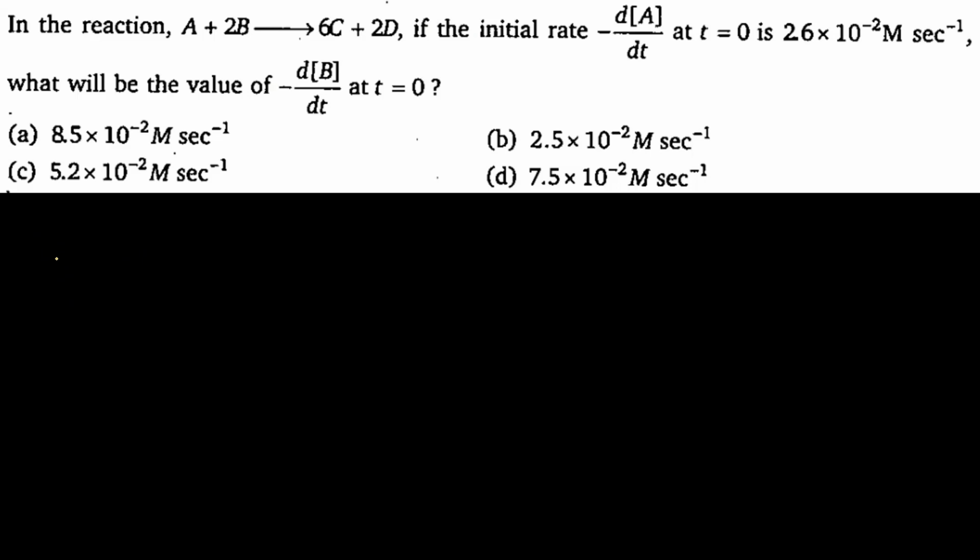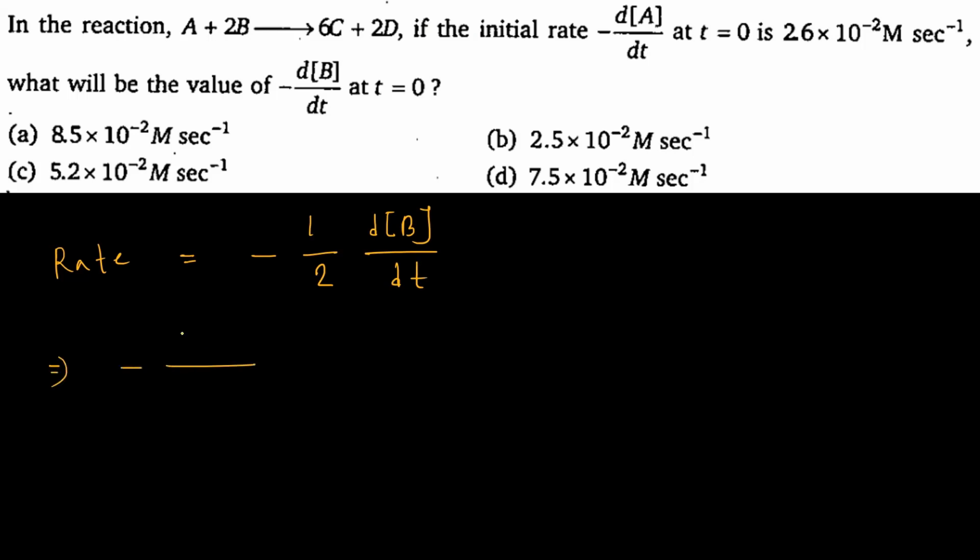So we can write the rate in terms of B, negative sign 1 by 2 dB upon dt.